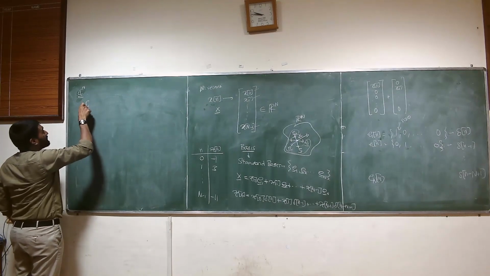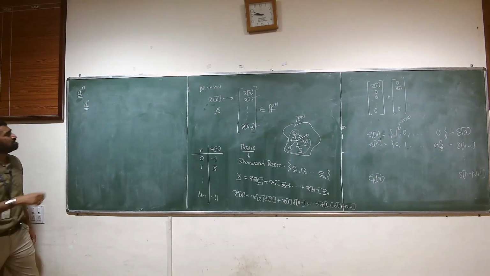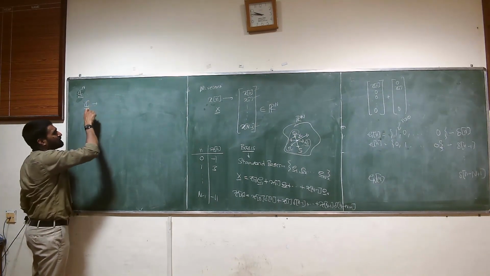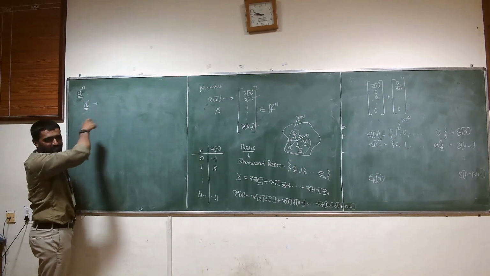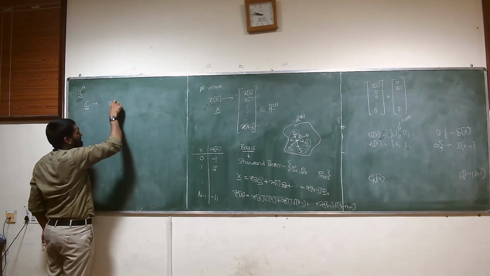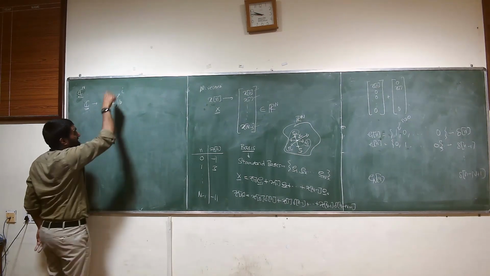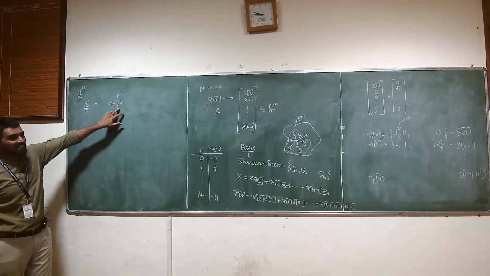What is a complex number? What is the standard form in which you write it? You usually write it as a plus jb. In maths it's i, in electrical engineering it's j.